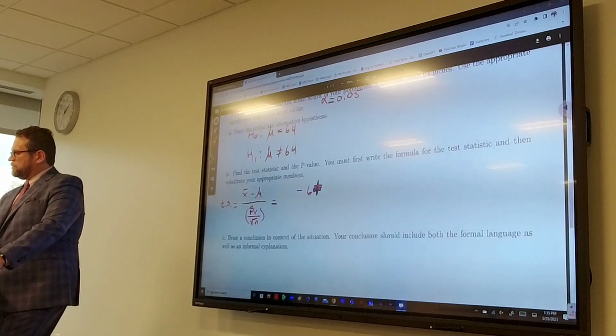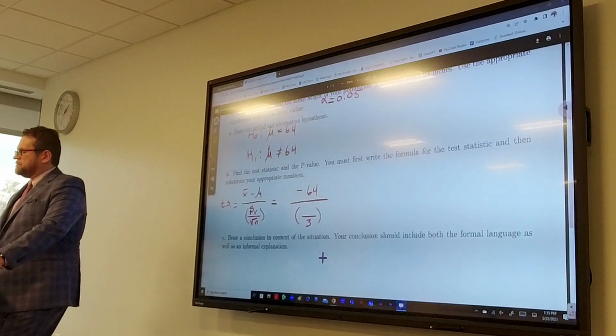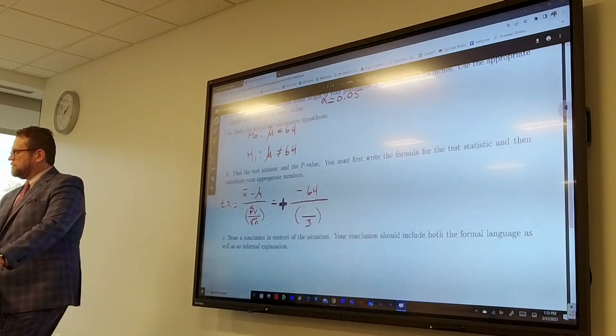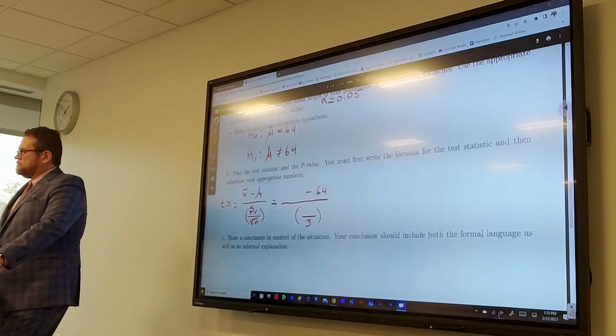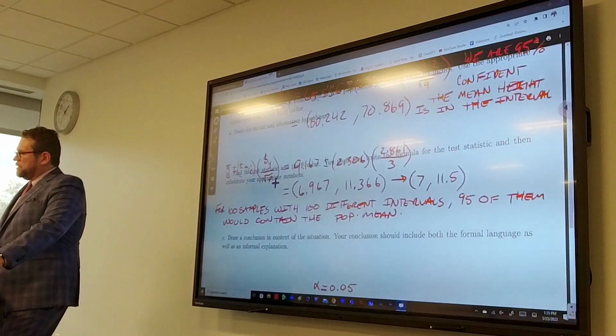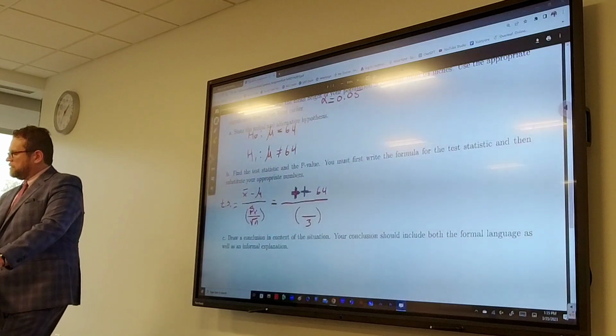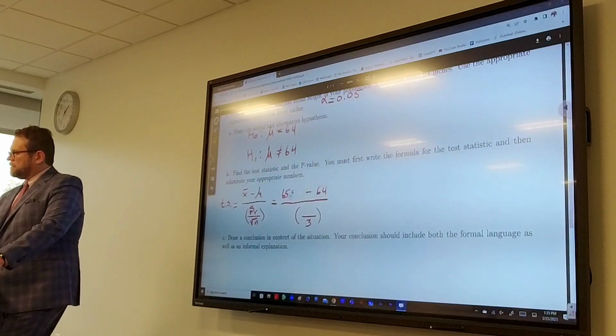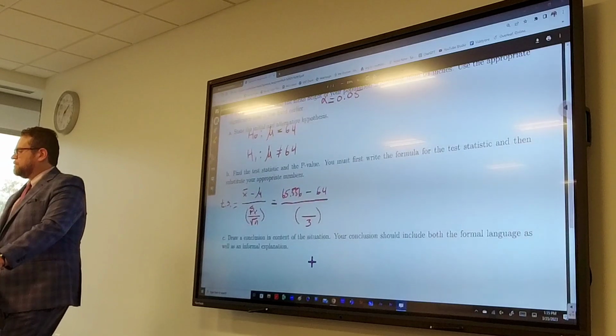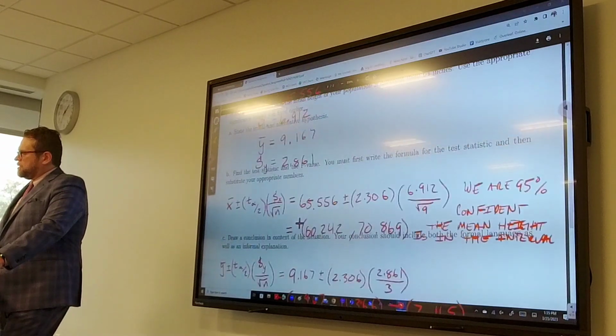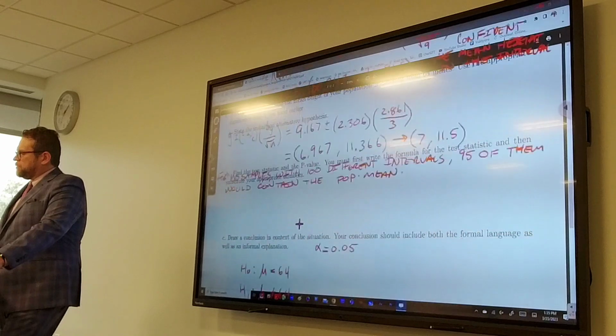Mu, I know, is 64. And s sub x, I'll have to get what that is, but the square root of n is 3. Okay, so x bar was 65.556. And s sub x was 6.912.